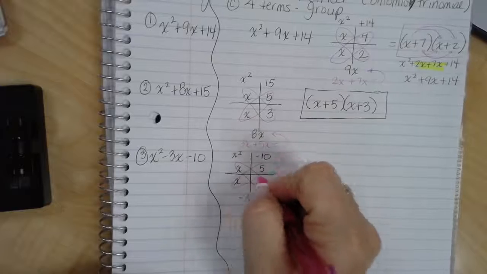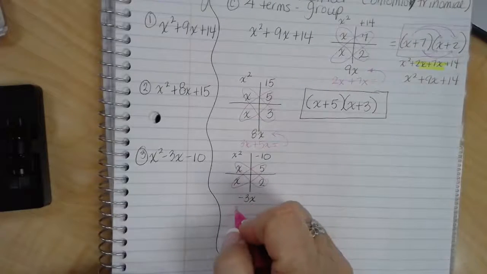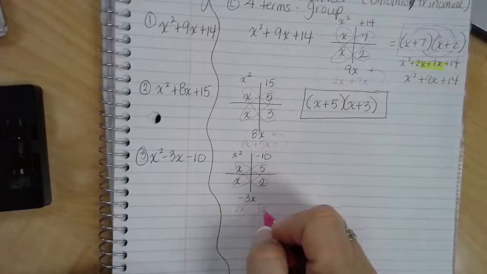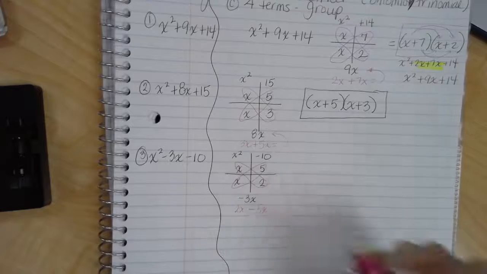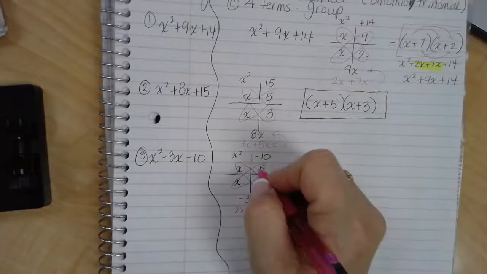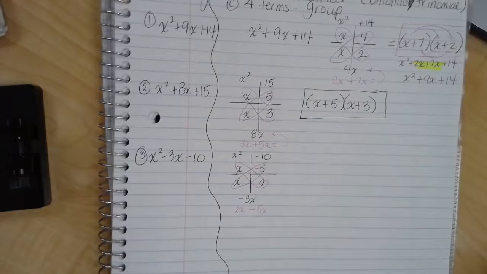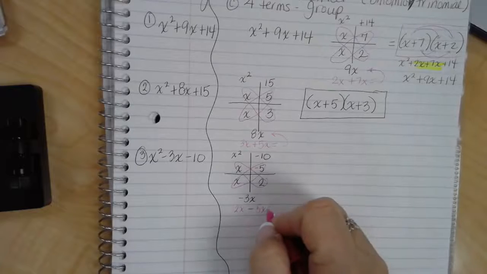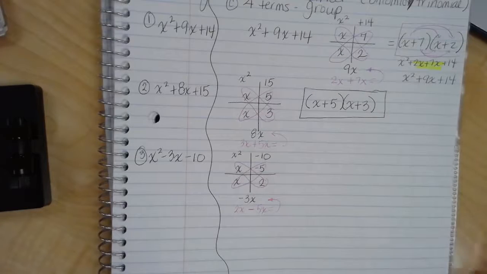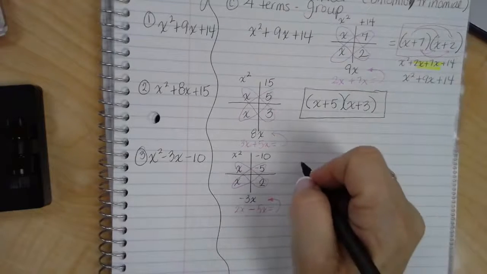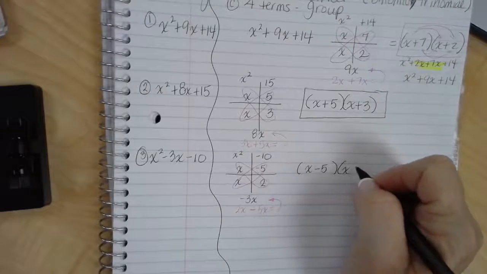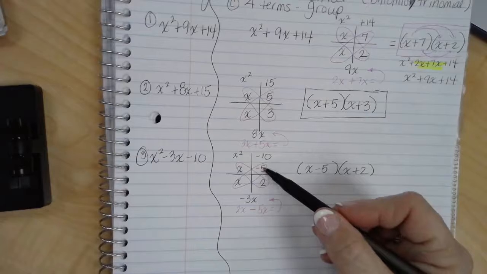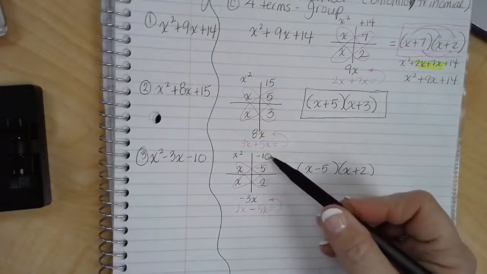Let's do this right here, and we get 2x and we get 5x. What combination of those is going to give me a negative 3? If this is a negative, which means that up there has to be a negative. That will give me negative 3, which means my factored form is x minus 5 times x plus 2, because negative 5 times 2 makes negative 10.